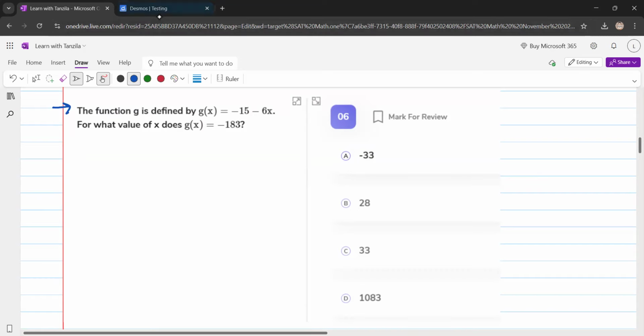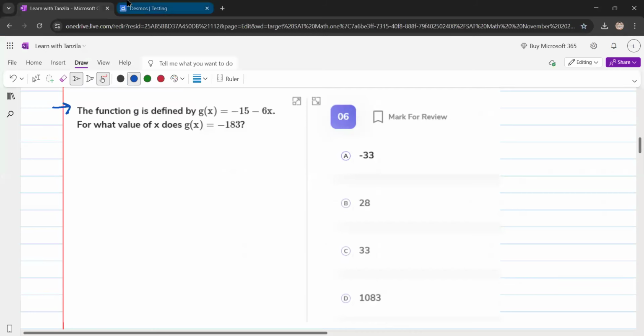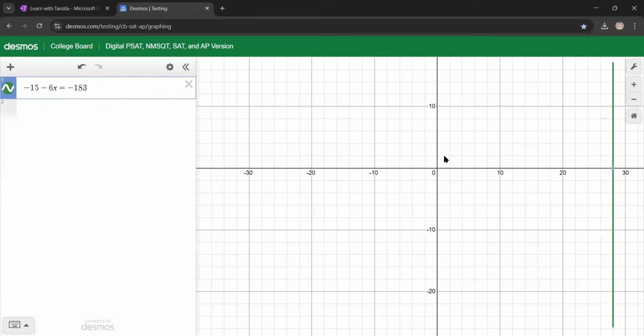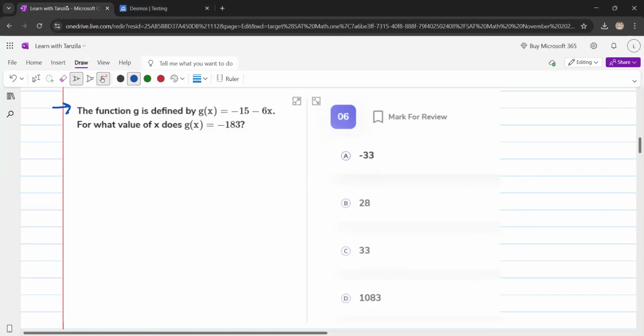So basically what we are doing, you are setting them equal to each other. Negative 15 minus 6x, you will set it equal to negative 183. And your answer is 28. Okay, so the answer is 28.